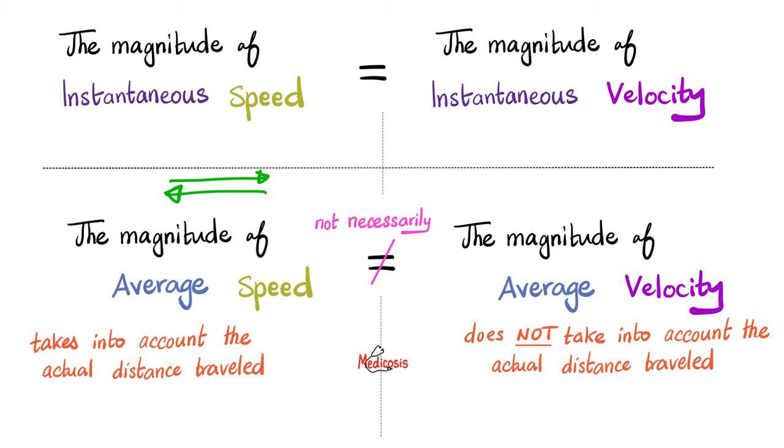However, velocity is different because velocity cares about what? It cares about the displacement. If I go 5 kilometers east and then 5 kilometers west, what's the net displacement? 0. So what's the average velocity? 0. Oh, so the magnitude of average speed is not the same as the magnitude of average velocity.